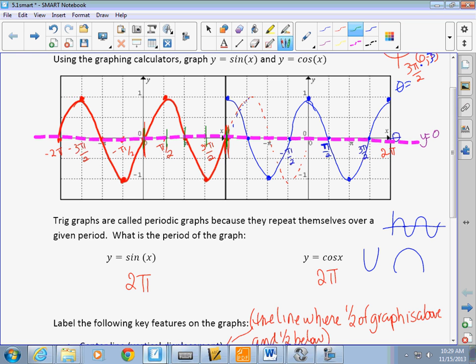Another 1/4 of the way at pi, we went back to 0. Another 1/4 of the way at 3 pi over 2, we hit a minimum. And then 1/4 of the way, which got us to 2 pi, we were back at 0. So our key points would be at 0, pi over 2, pi, 3 pi over 2, and 2 pi. Your beginning one, if it's 0, isn't really where it's divided into. So we've divided it here.